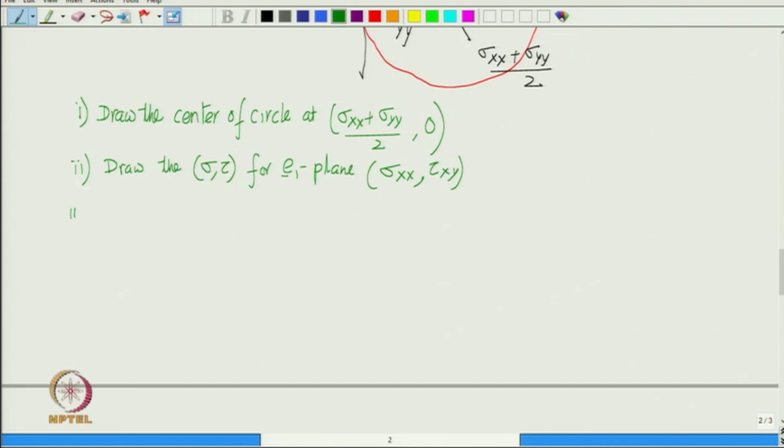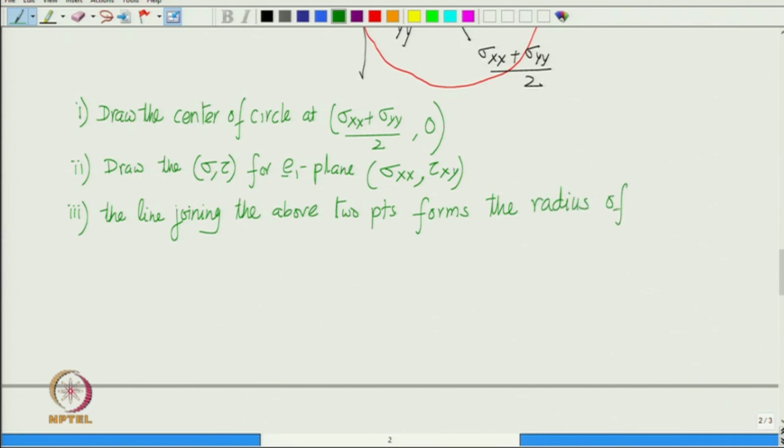So, once we have these 2 points, the line joining the above 2 points forms the radius of the circle. Okay. So, with that radius, draw your circle then.